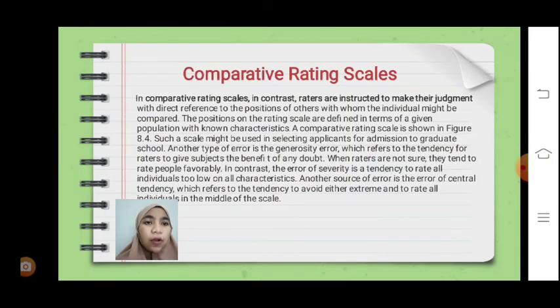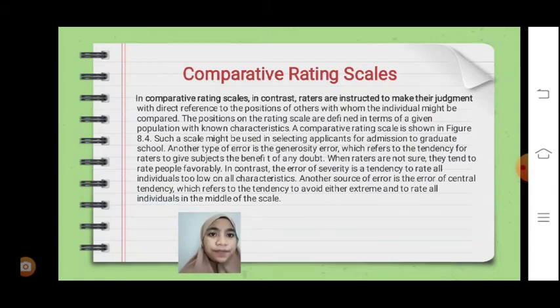Next, comparative rating scales. In comparative rating scales, in contrast, raters are instructed to make their judgment with direct reference to the position of others with whom the individual may be compared.